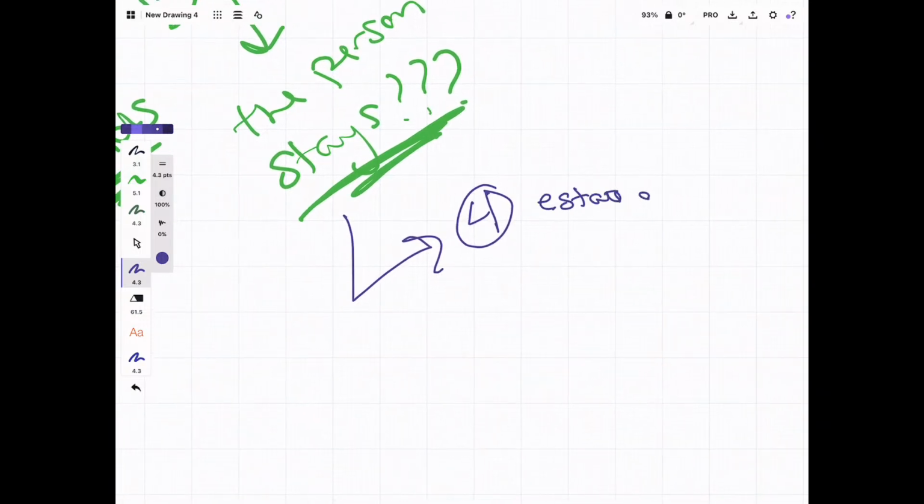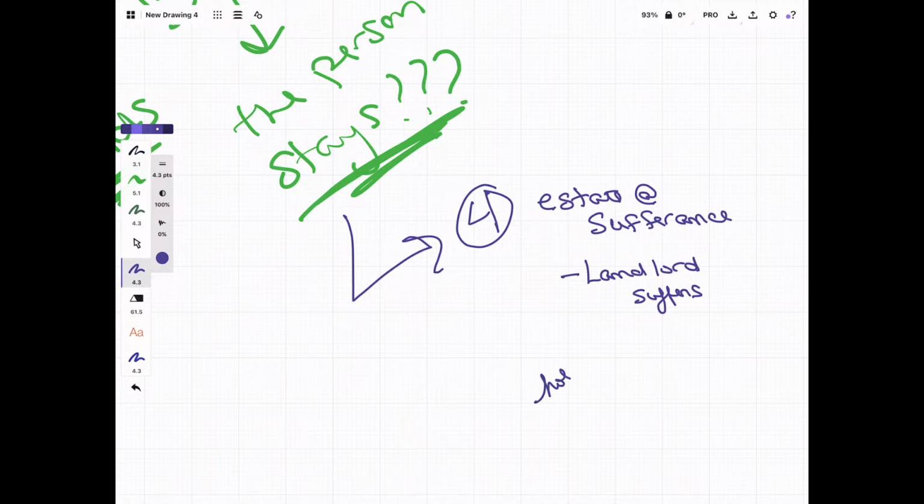An estate at sufferance. The landlord suffers until the court kicks them out. A holdover tenant. That's what that is.